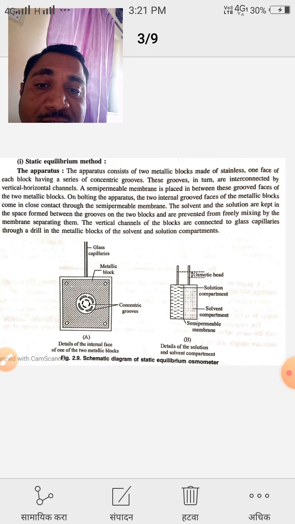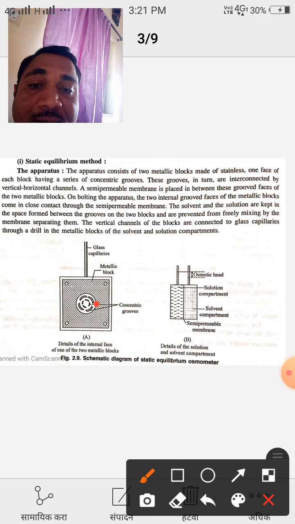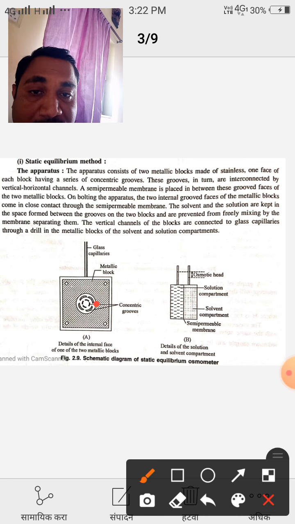One face of each block has a series of concentric grooves. These grooves in turn are interconnected by vertical and horizontal channels.